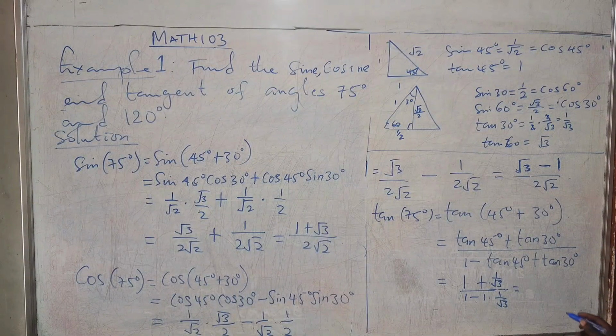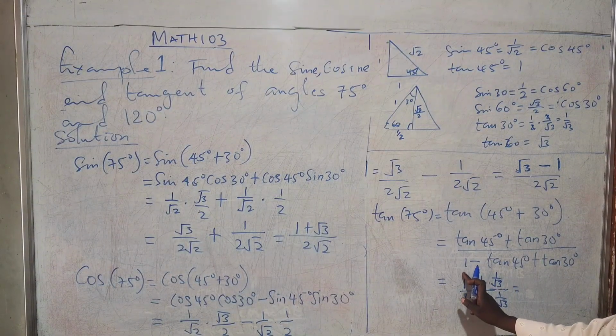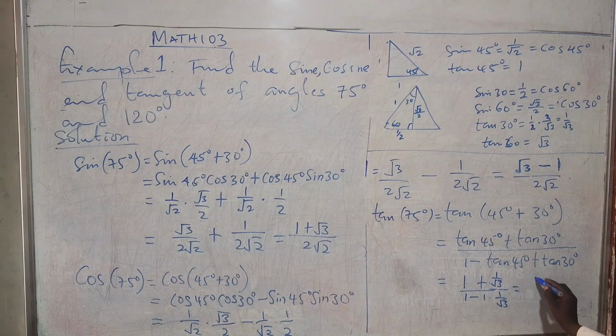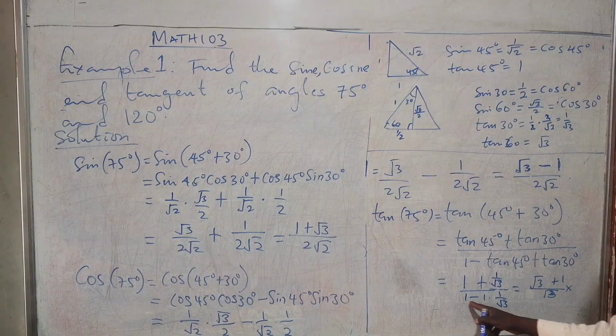Okay, so this is equal to, so you find a way of adding this, and that is you have the LCM to be root 3, and that is you want to multiply by root 3, you have root 3 plus 1 over root 3, so you have root 3 plus 1 all over root 3. And then you have times, because it's a fraction, here I have 1 times 1 over root 3, the answer is 1 over root 3.